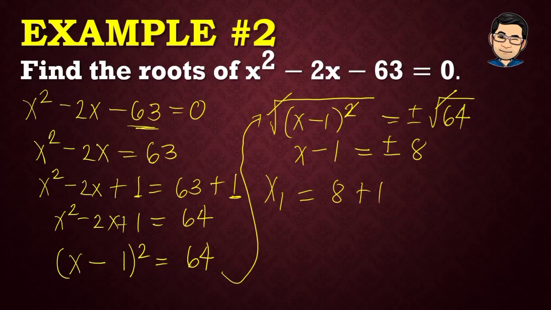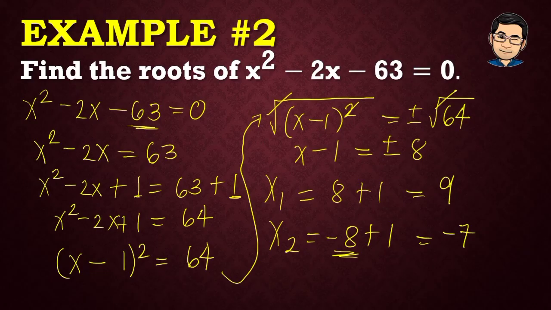So, x sub 1 equals 8 plus 1, that is 9. And then, yung isang sign naman ang gagamitin natin, negative 8 plus 1. Follow the sign of the bigger value and then proceed to subtraction. 8 minus 1, 7. And then, this is the bigger value, so negative 7.